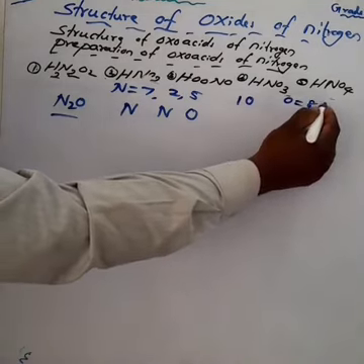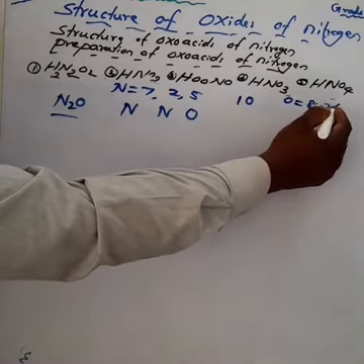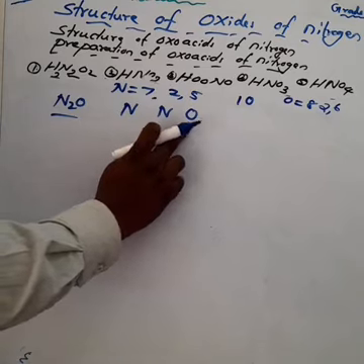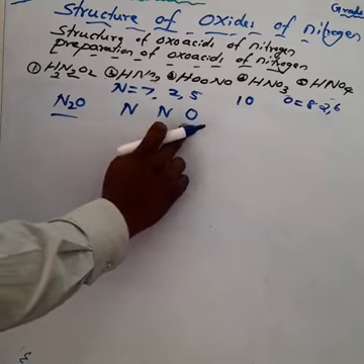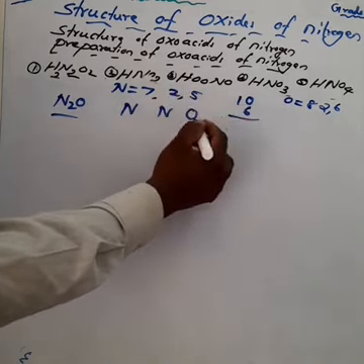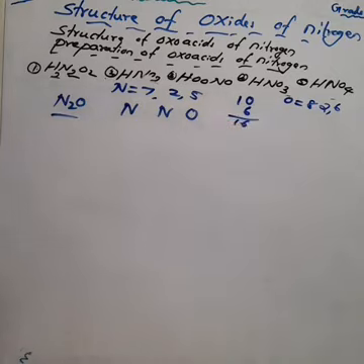First shell 2 electrons, second shell 6 electrons. So the outermost shell electrons are 5 plus 5, 10 for nitrogen and 6 for oxygen. So in total we have 16 electrons.